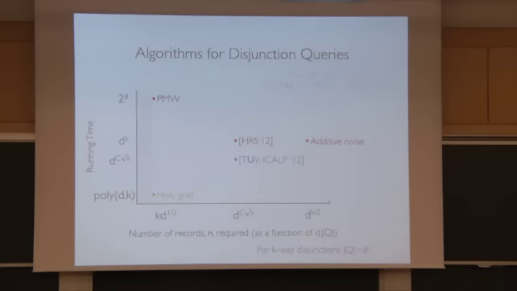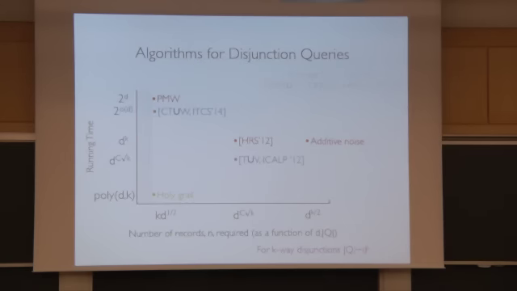The other thing you might notice is that if I really insist on having a small amount of data, and I think this is an important practical regime for the problem, there's no algorithm faster than private multiplicative weights. If this is all the data I have, k root d records, we don't know how to do anything, even for this very special case, that's faster than private multiplicative weights.